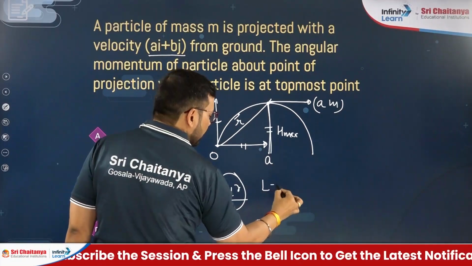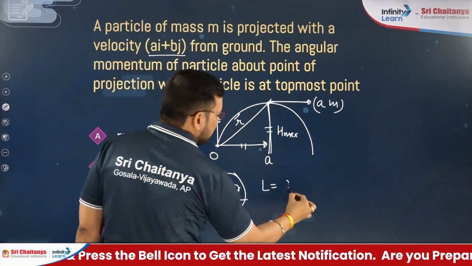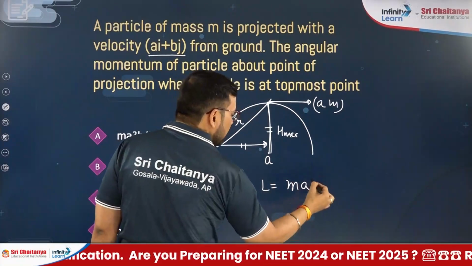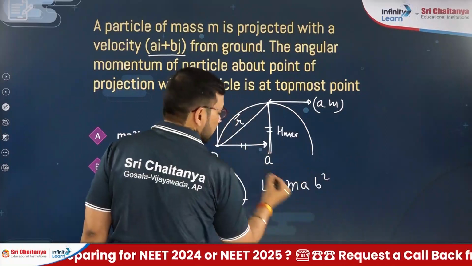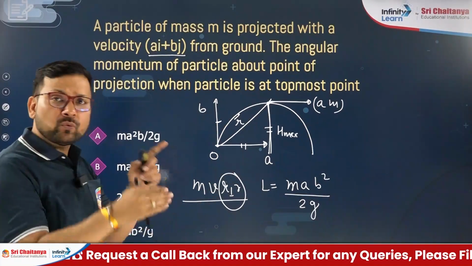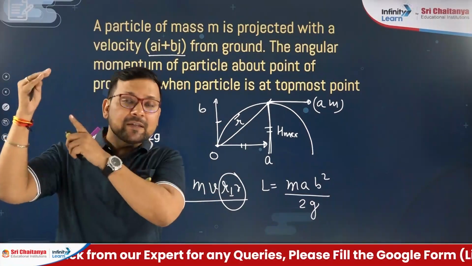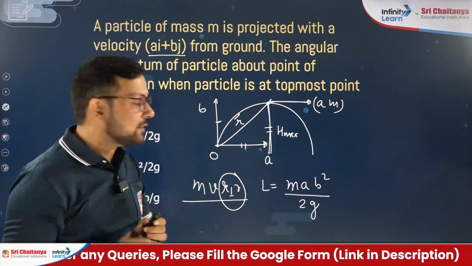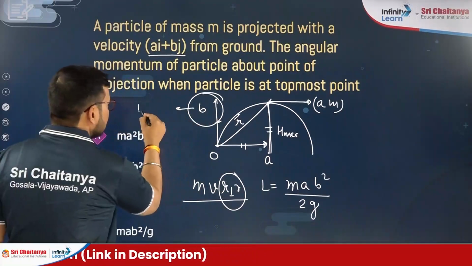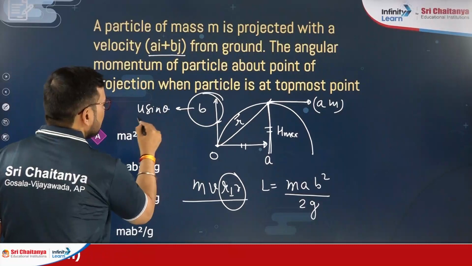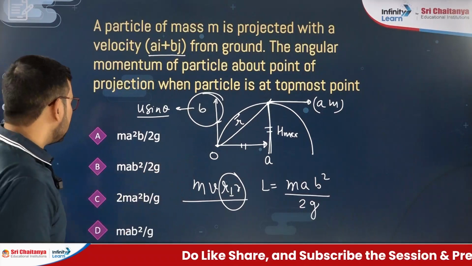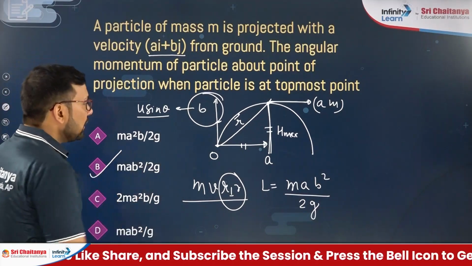So my answer of the question will be m A H max. H max is, with y component of velocity, b square by 2g. That is maximum height, uy square or u square sine square theta by 2g, where u sine theta is y component. Y component here is b. That b is your u sine theta if you are taking velocity as u. So I will go for this. M A b square by 2g.